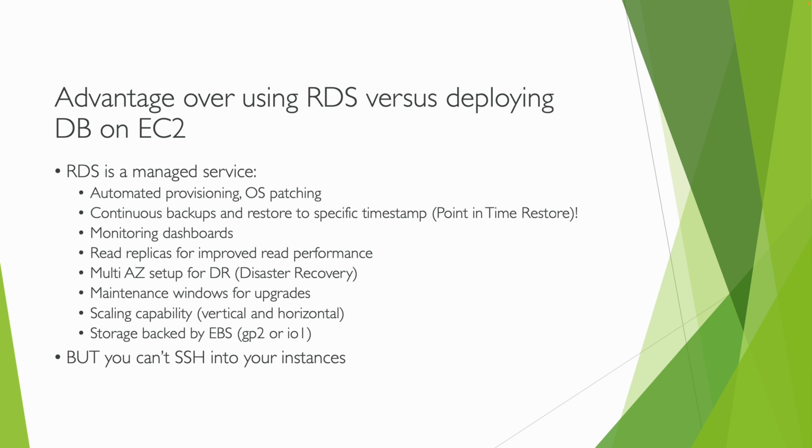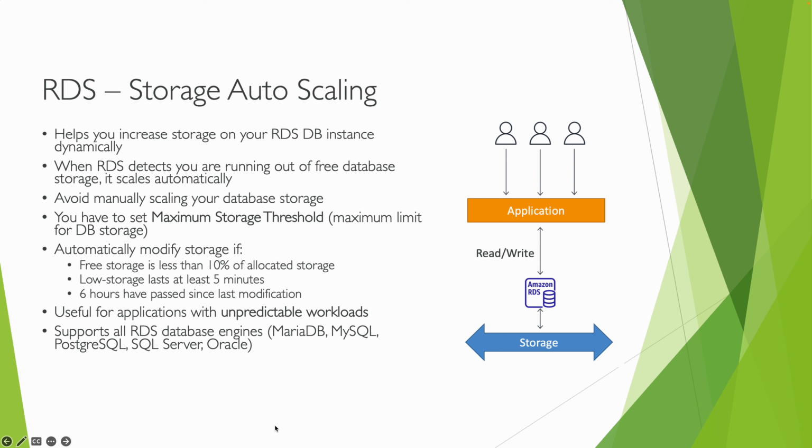Okay, going to the next thing. So what is storage auto scaling? RDS will automatically scale its storage, which helps you to increase storage on your RDS DB instance dynamically. For example, here we have an RDS database and we have an application, and all the users are using these applications and giving some data into the applications.